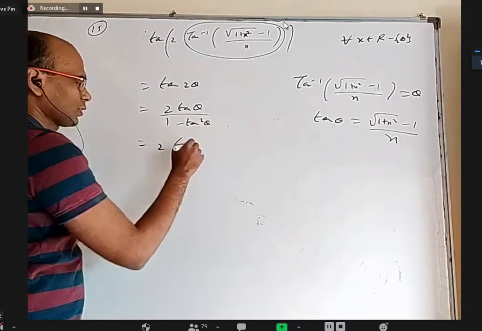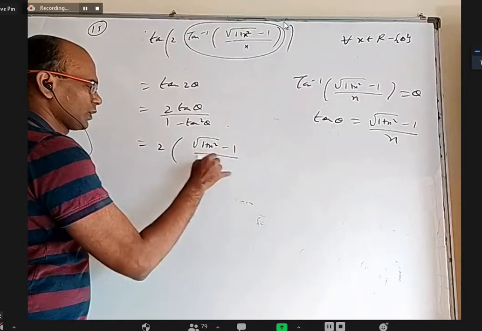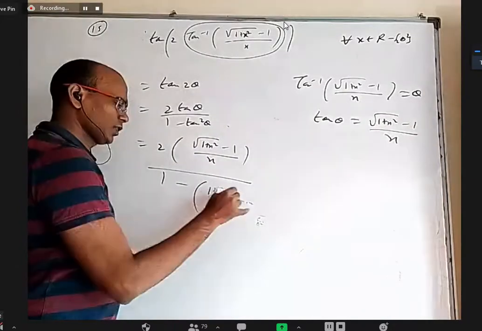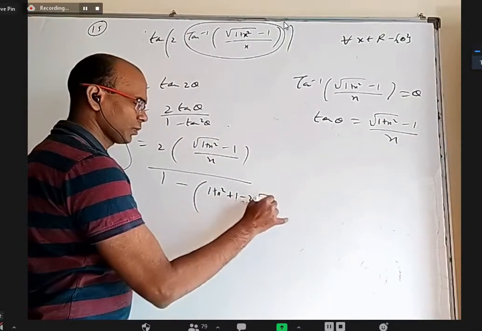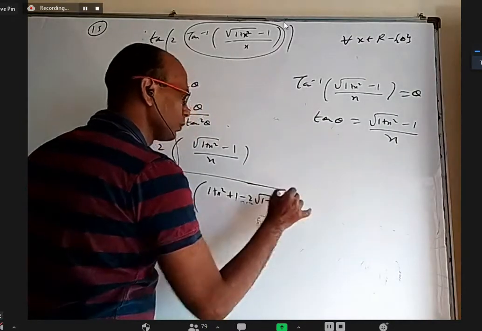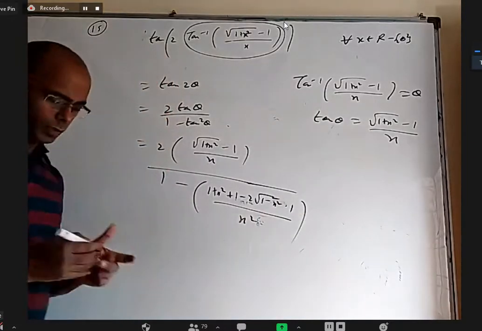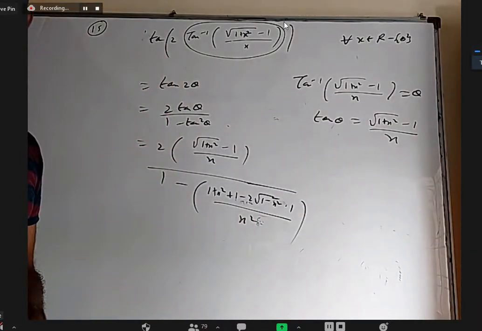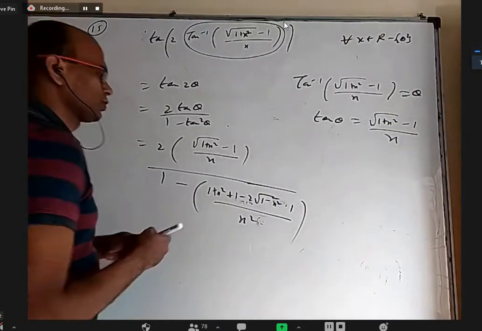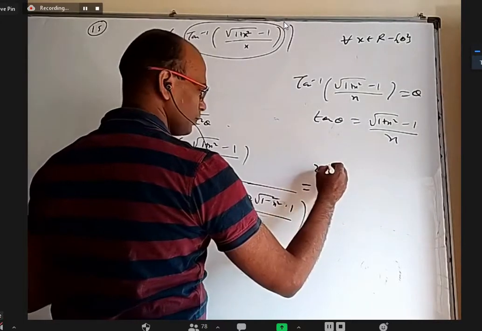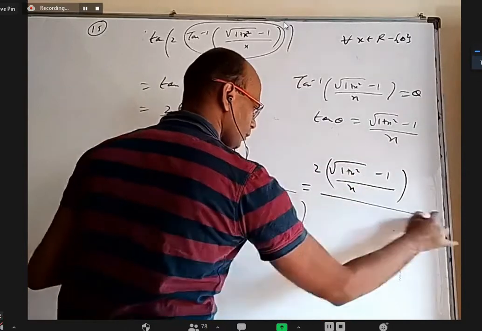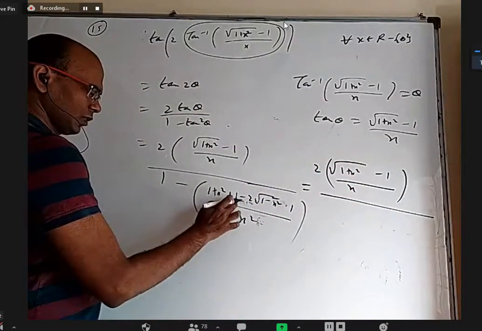2 into what is tan theta? Root over 1 plus x square minus 1 by x, by 1 minus tan square theta. When you square it, 1 plus x square minus 1 plus 1 minus 2 root 1 minus x square into 1 by x square. If I simplify this, I think I should get x. How to simplify this? 2 into root over 1 plus x square minus 1 by x as it is. Coming to this, here 1 and 1 did not get cancelled.